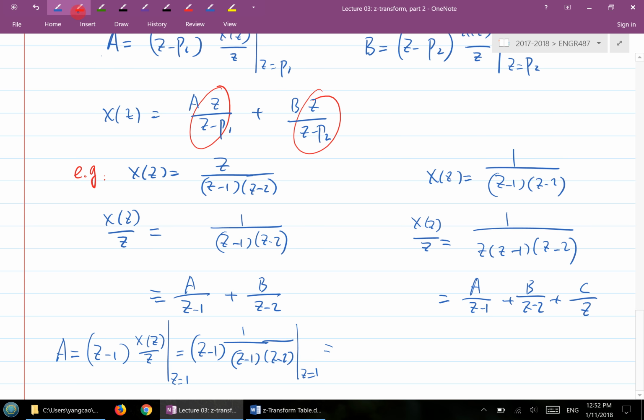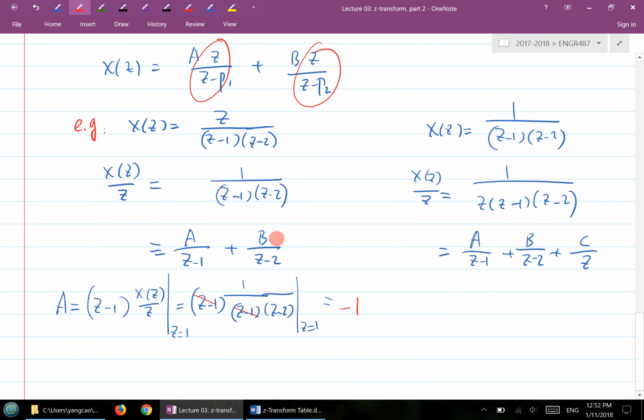So this and this cancel first, and then plugging in z equal to 1, we get 1 over 1 minus 2, which is negative 1. Similarly, you can find the B value by using the same approach, and you find 1. So you should try this. What does A equal to here? What does B equal to here? And what does C equal to here?